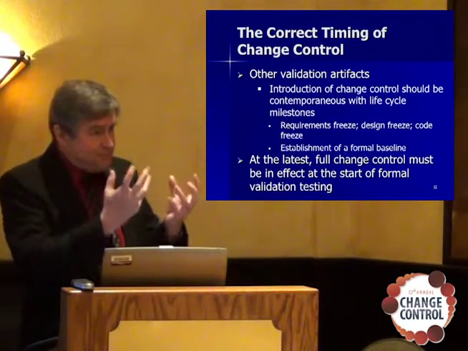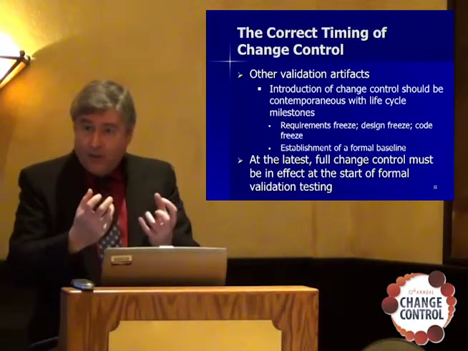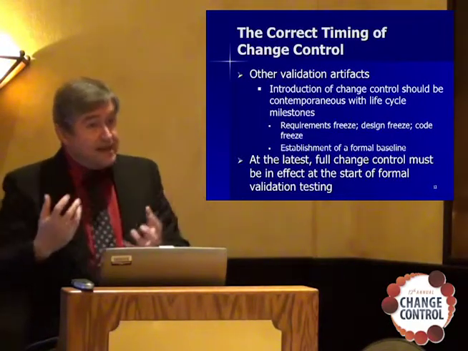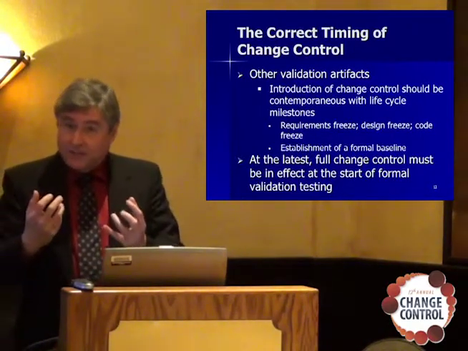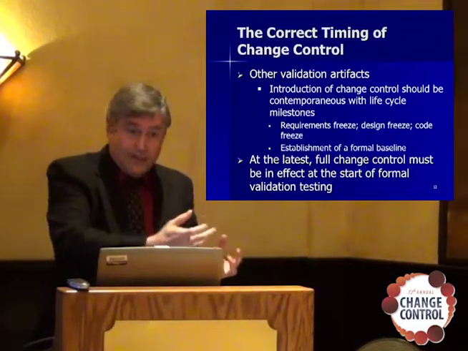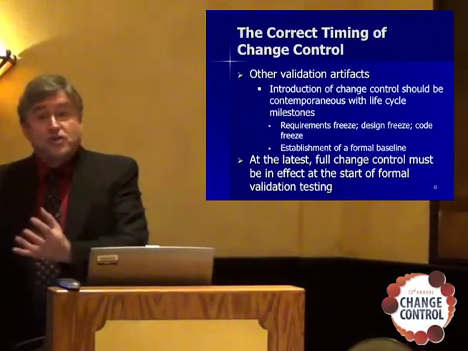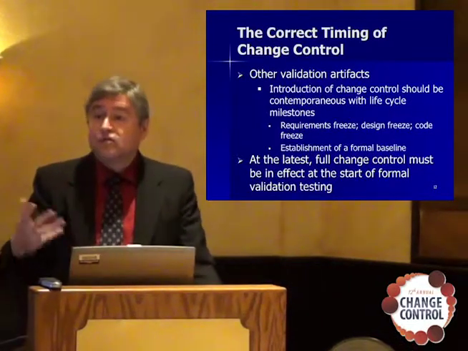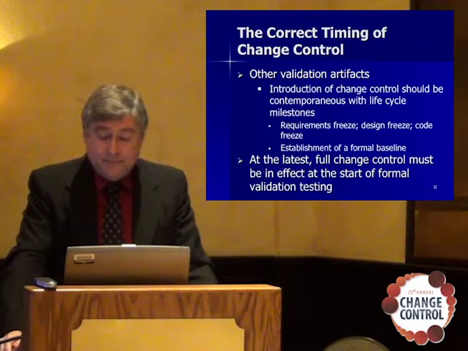You don't have to implement the formal change control fully for everything. You can phase it in during your life cycle. You can introduce formal change control for documentation earlier, which we tend to do, and for source code later, which we tend to do, because it's a life cycle and certain things are developed in order.